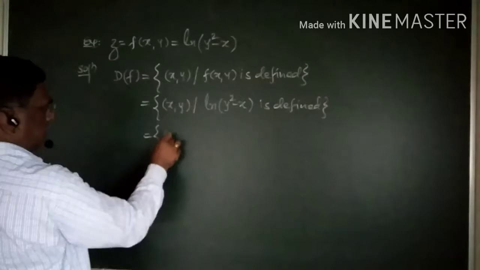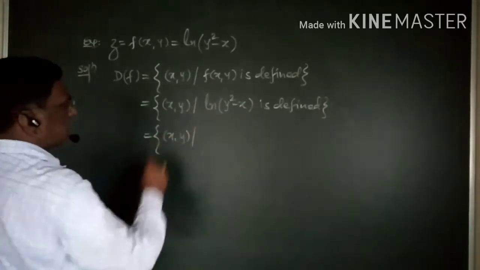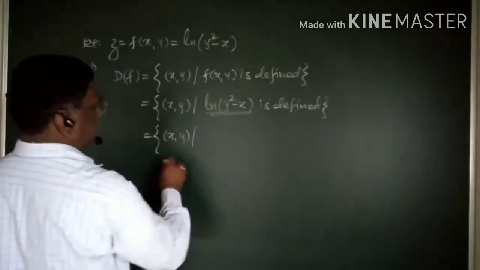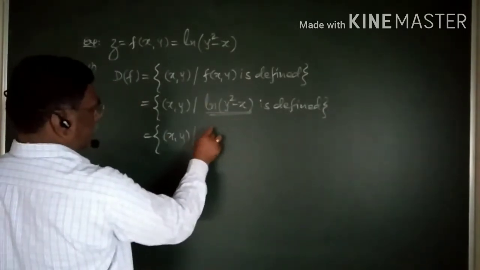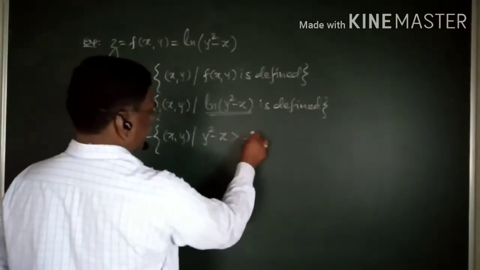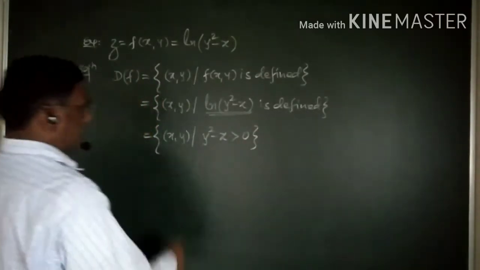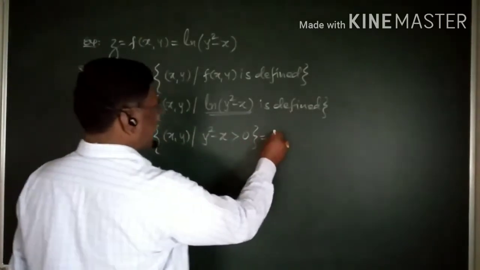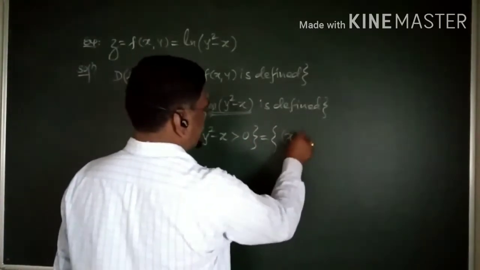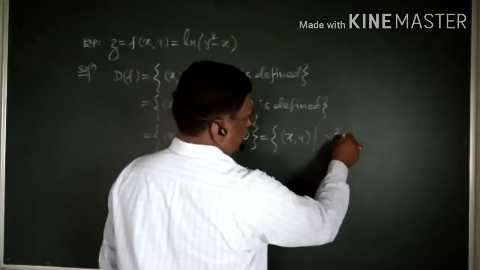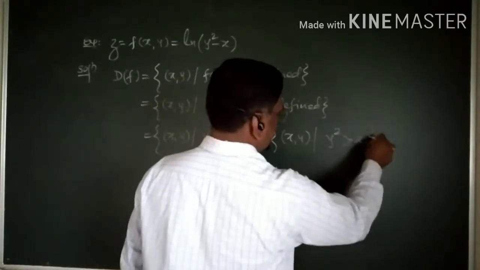We know that the log of a negative term does not exist, and therefore this function is defined if and only if y square minus x is positive. This means the domain is the set of ordered pairs x y such that y square is greater than x.